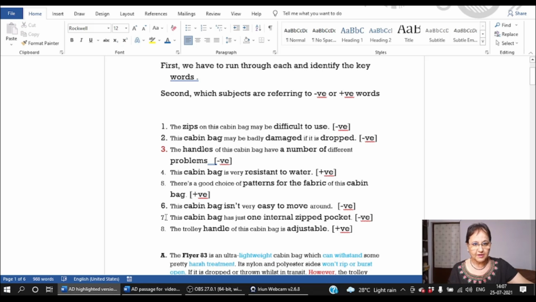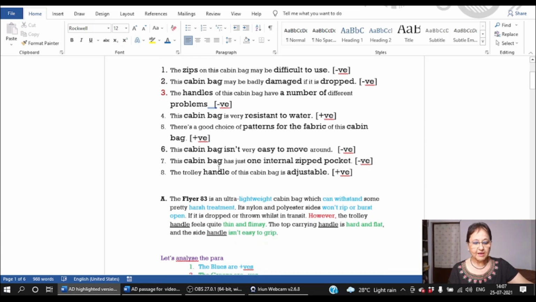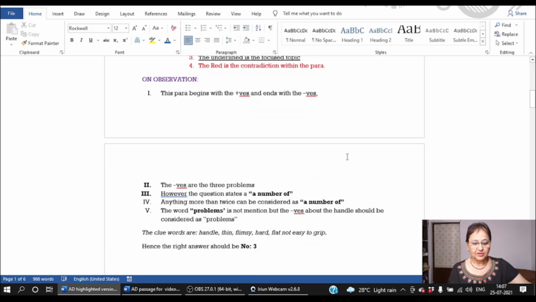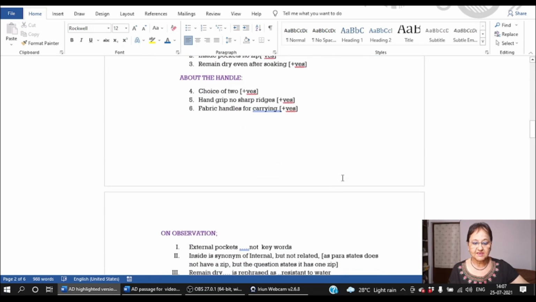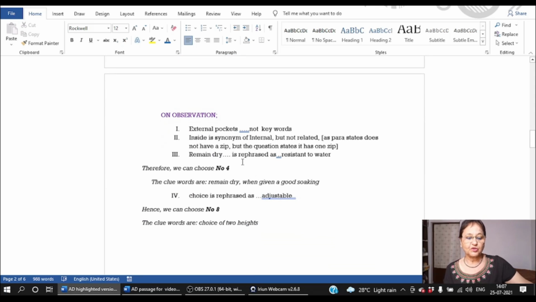Go to number 7. The cabin bag has just one internal zipped pocket. Yes, the question has that, but we are not choosing that as an answer, because on observation we got to understand that the question states it has one zip, but the passage says does not have.